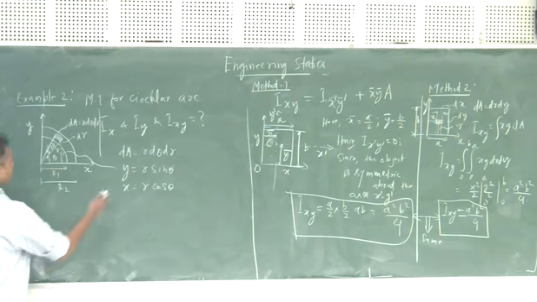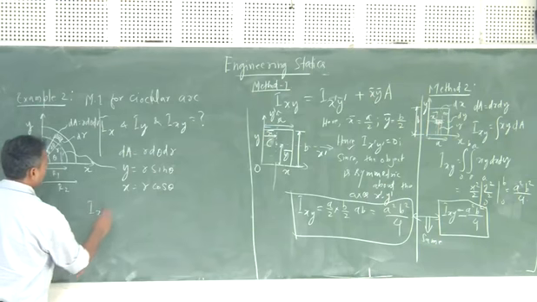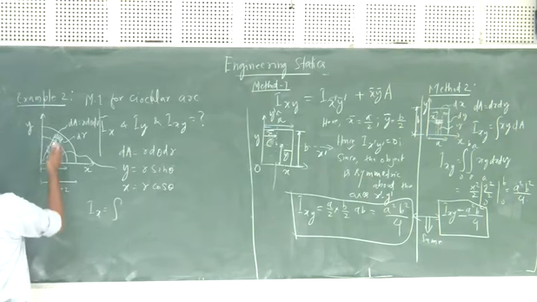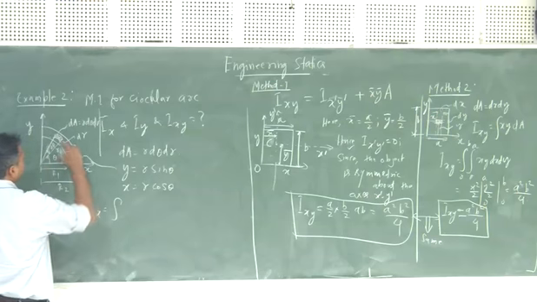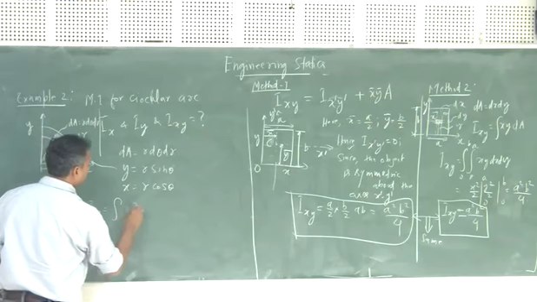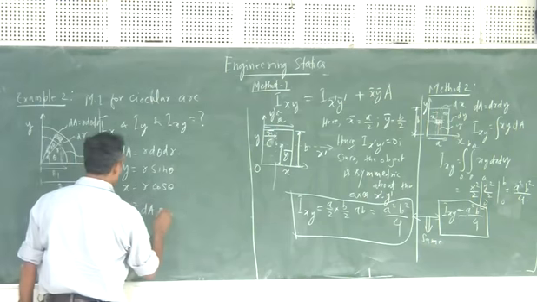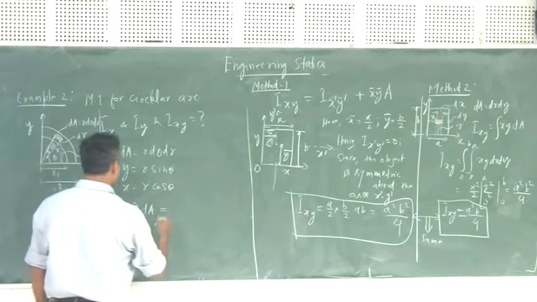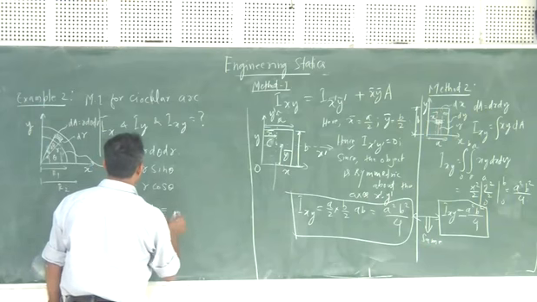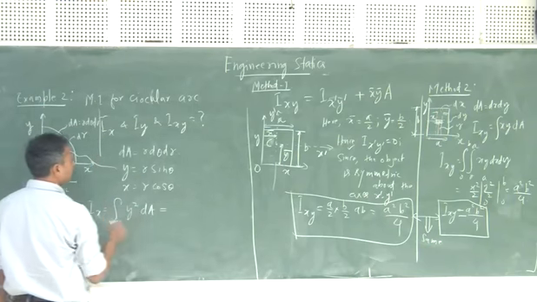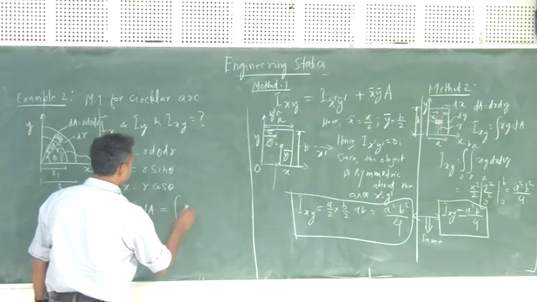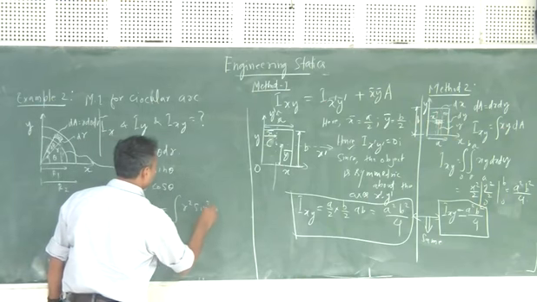So now if we have to define Ix, what we have to do? Integrate y squared into dA over area A. Your y is r sin theta, so y squared is r squared sin squared theta.